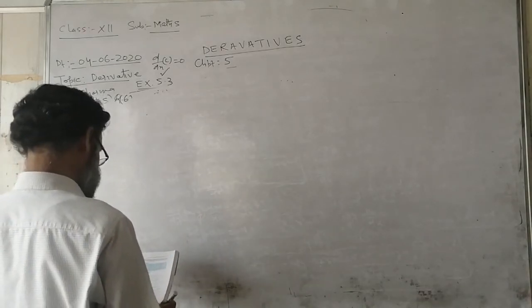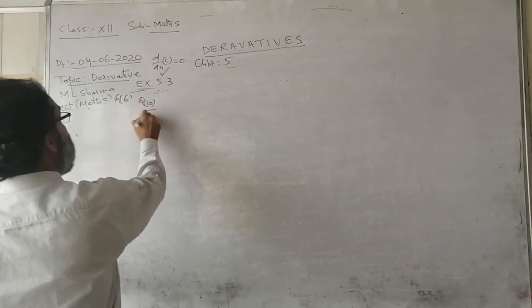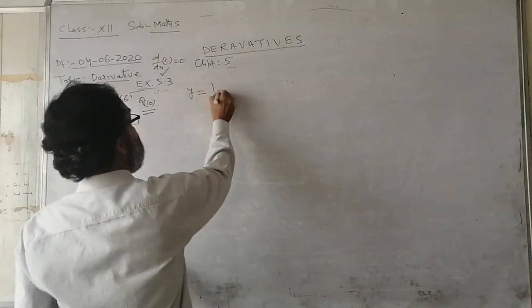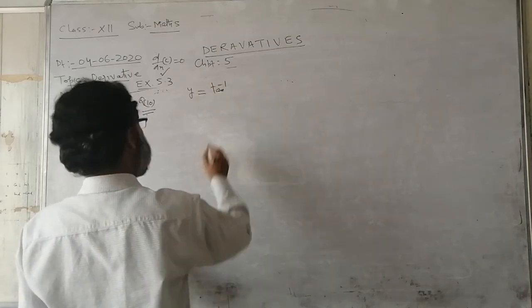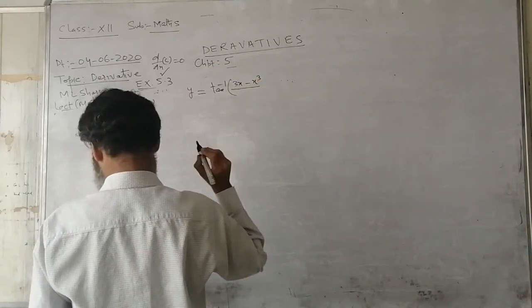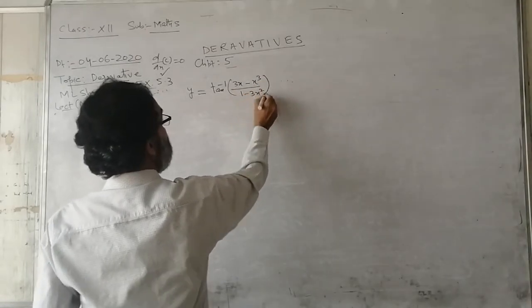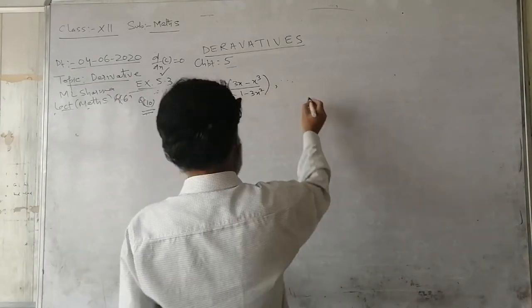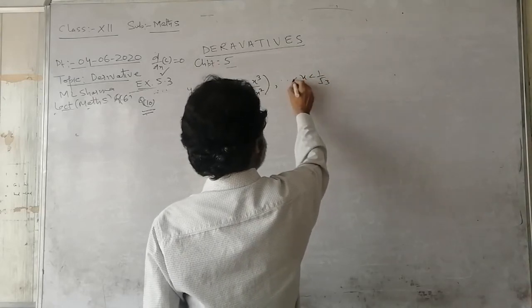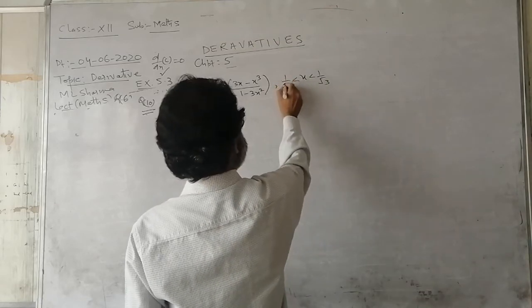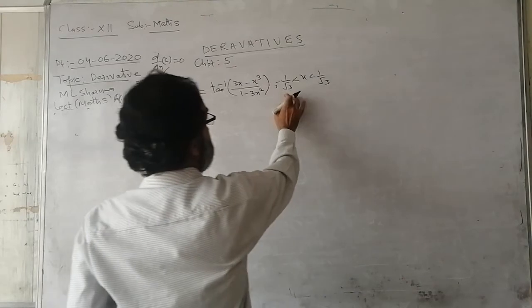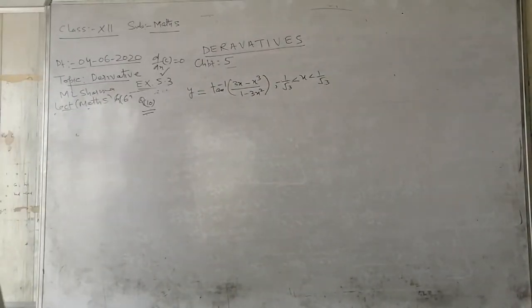Question number 10 of the same exercise, y equal to tangent inverse of 3x minus x cube upon 1 minus 3x square, and its value is given as, the value of x is between minus 1 upon under root 3 and 1 upon under root 3, this is the range of x.